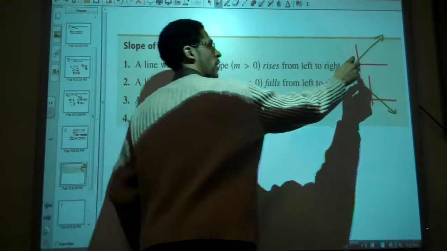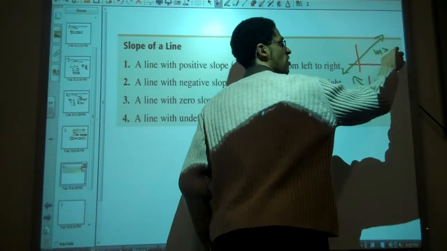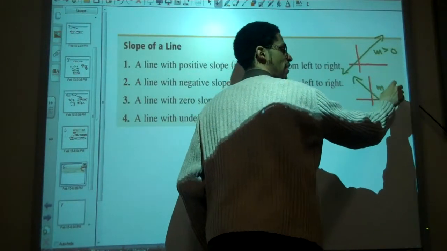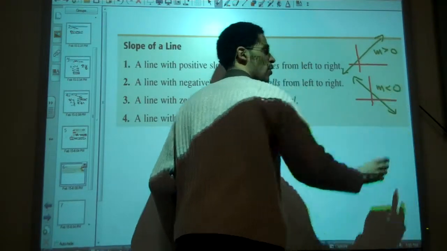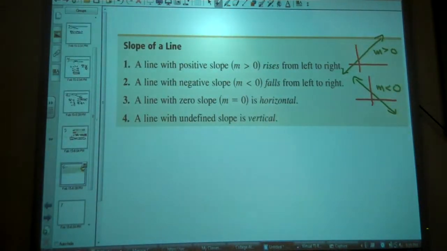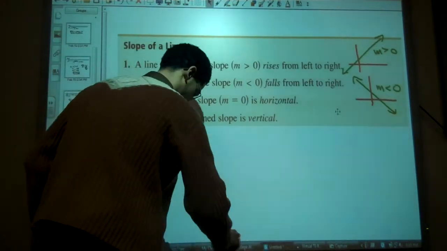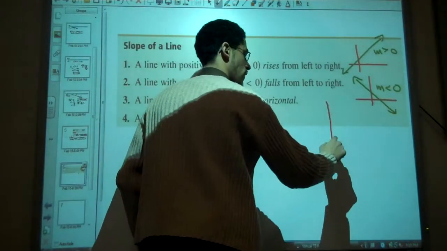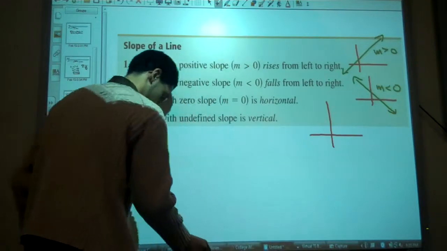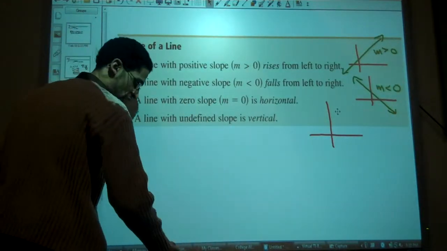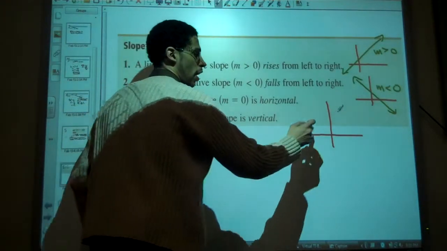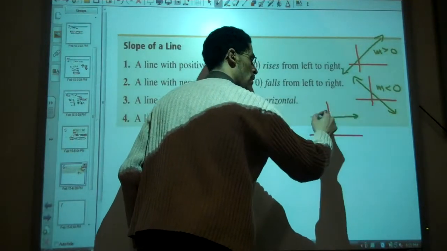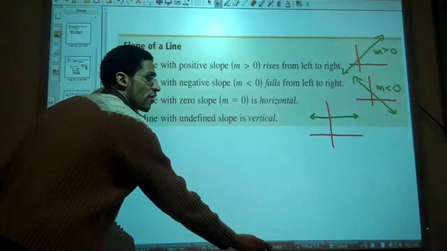So with our first one, m is positive, greater than 0. With our second one, m is negative, less than 0. The third one is a horizontal line. The red is the x and y axis. I just didn't label them. But a horizontal line is one that lies parallel to the x axis.